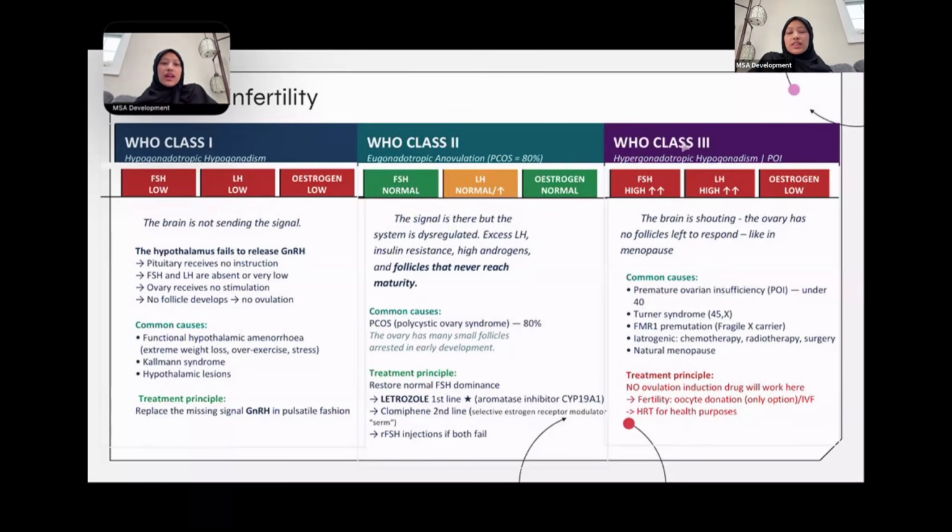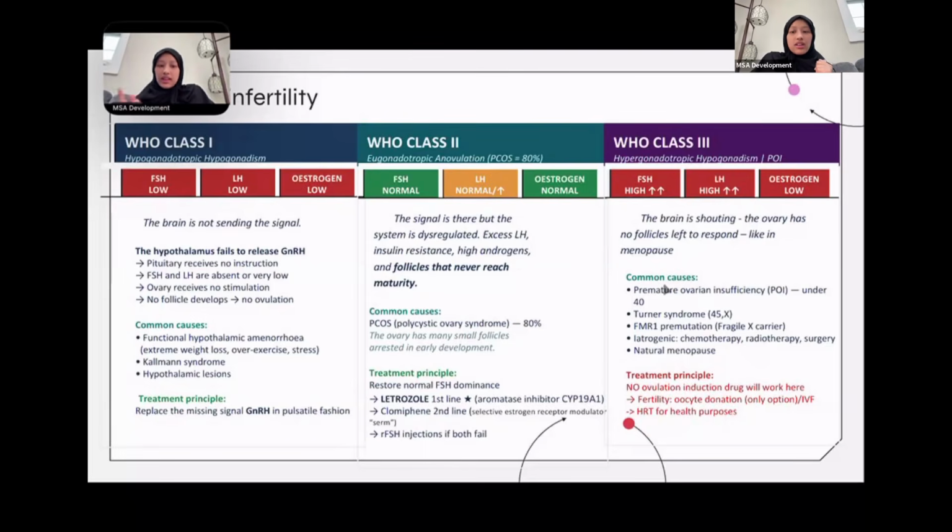Okay. So class 3, we said, is hypergonadotropic hypogonadism. What that means is the ovaries are not working, so the estrogen is low. However, you lose that negative feedback, and FSH and LH will keep releasing because they're not aware that the ovaries are not able to produce estrogen, right? So FSH and LH will be high, and it will keep on demanding our body to release estrogen.